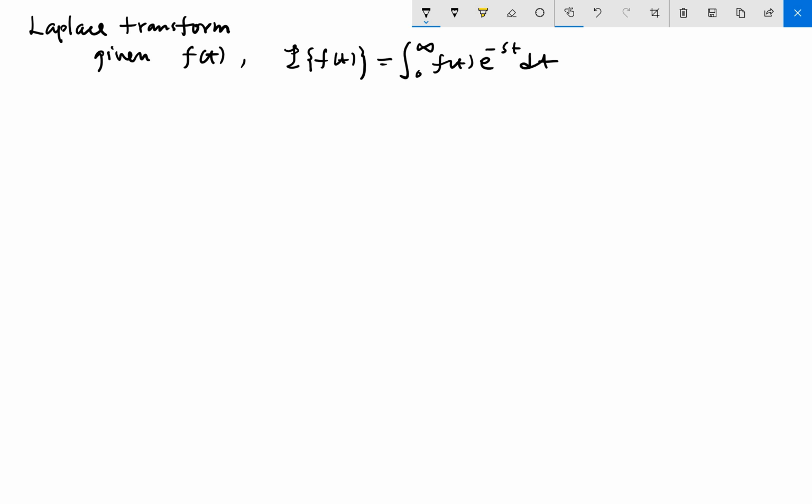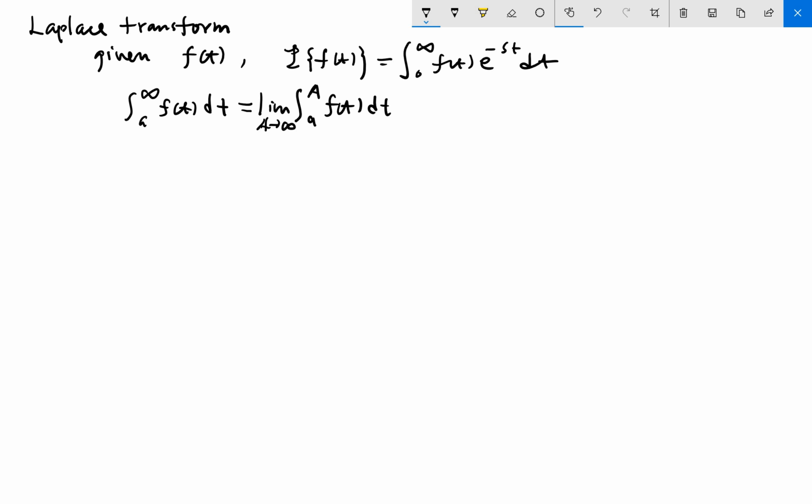Let's have a quick review about what is the improper integral. The integral from a to infinity of f(t) dt is the improper integral, defined as the integral from small a to capital A of f(t) dt, then you take the limit as A goes to infinity.